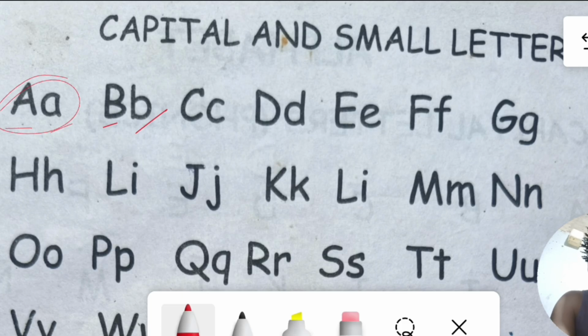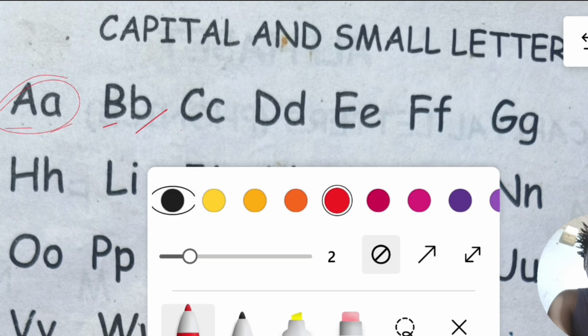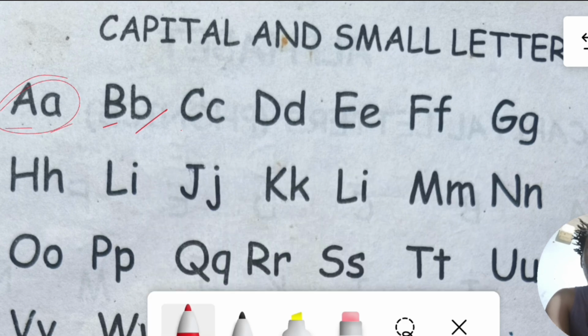They are also different in shapes but the same letters. And then capital C and small c, they look the same but differ in size. And D, capital D and small d, they look different here but are still the same D.